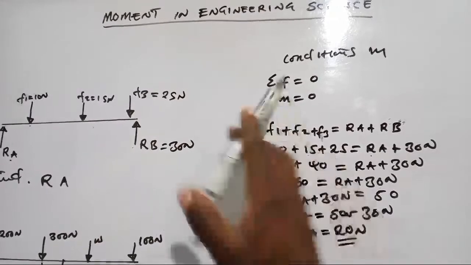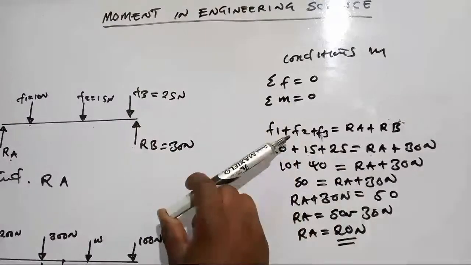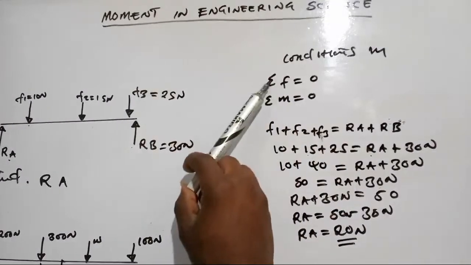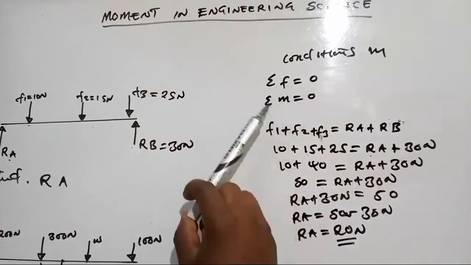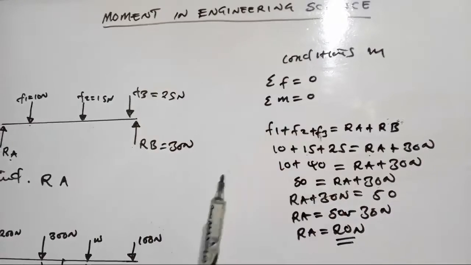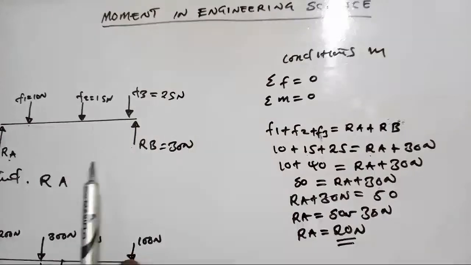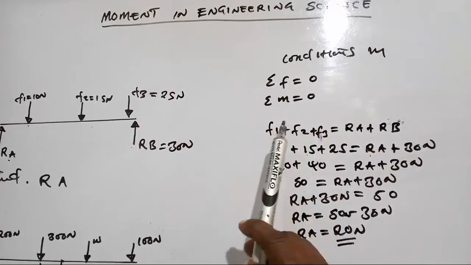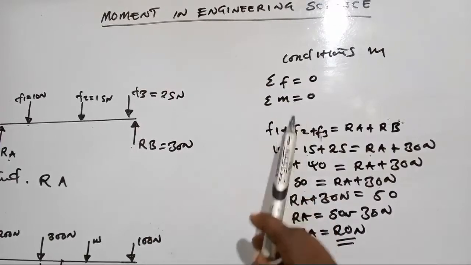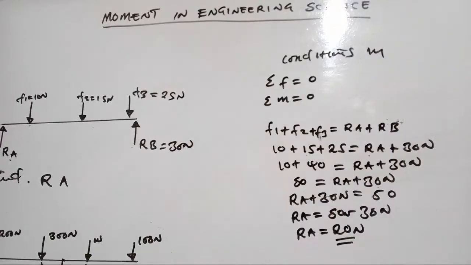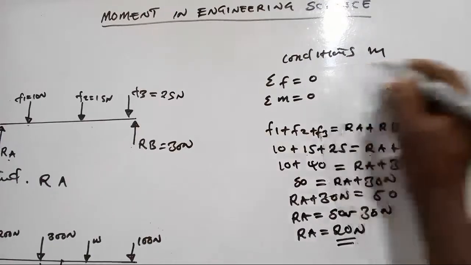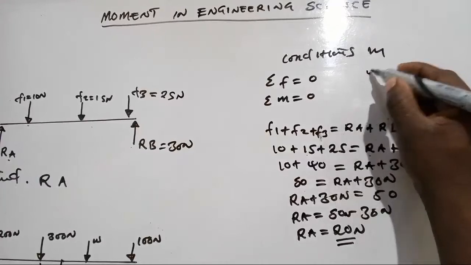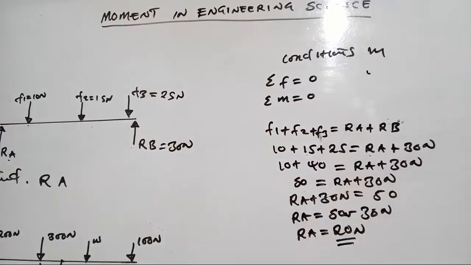I've shown you how we can find forces using this condition, which is that the sum of forces should be equal to 0 and the sum of moments should be equal to 0. In this equation we have used the sum of forces, where forces acting upward should be equal to forces acting downward. So now let's move on to question 2.